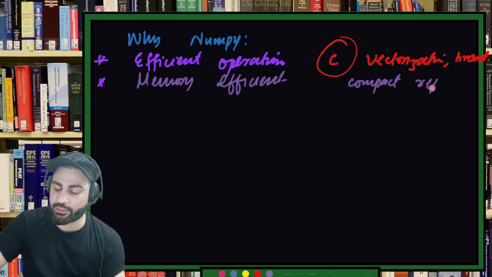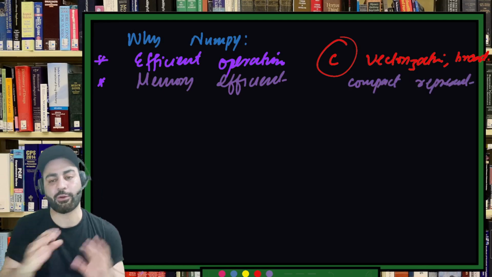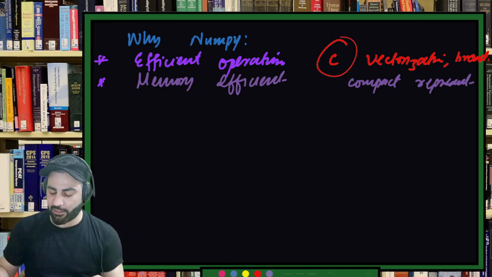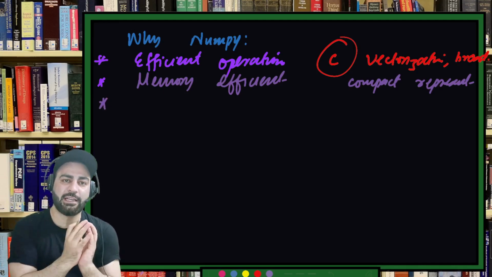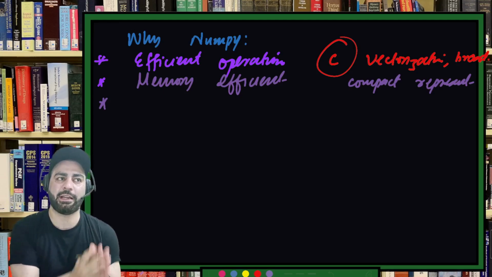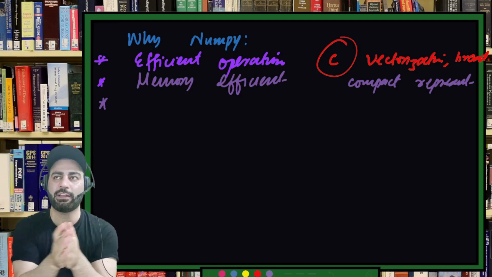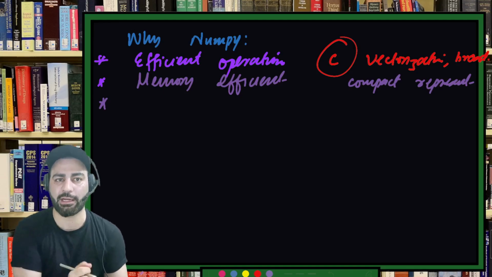If you want to see how it represents this, you can go to the official documentation, where you can easily understand why it is memory efficient. Because it takes homogeneous elements and stores them one after the other, it saves a lot of the overhead that lists have.